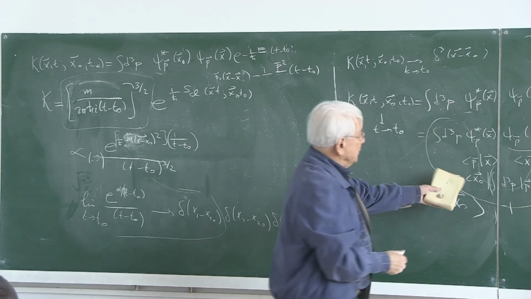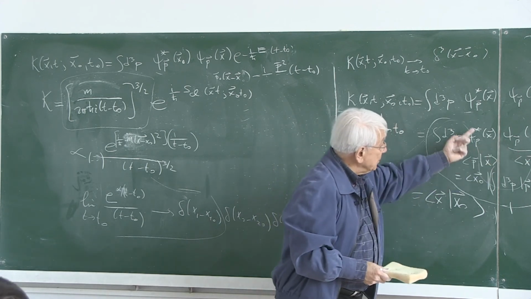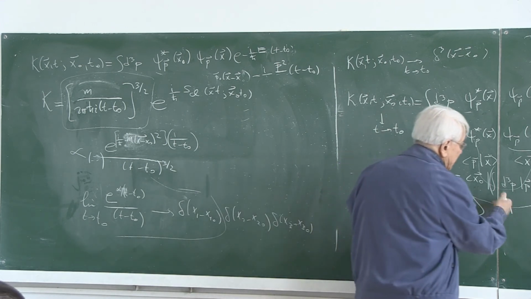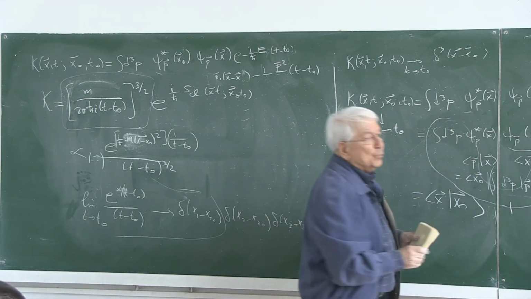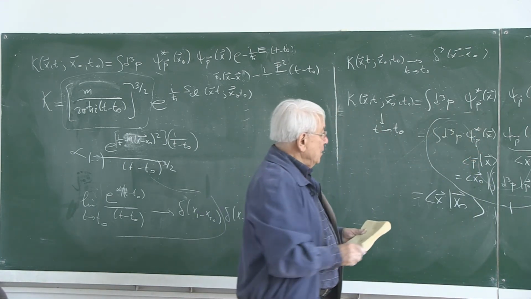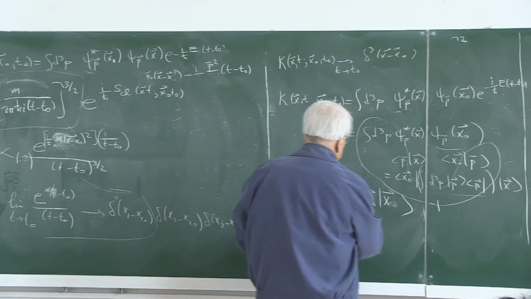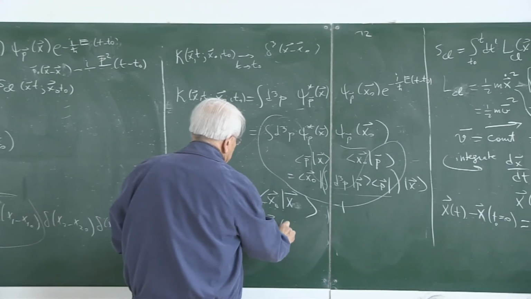I have rewritten it so that you can easily see, because these are the expressions, right? When you write it in such a fashion, you see that this is the completeness of the momentum operator eigenvectors, which is 1, leaves you with x0 and x, which is delta cube x0 x.